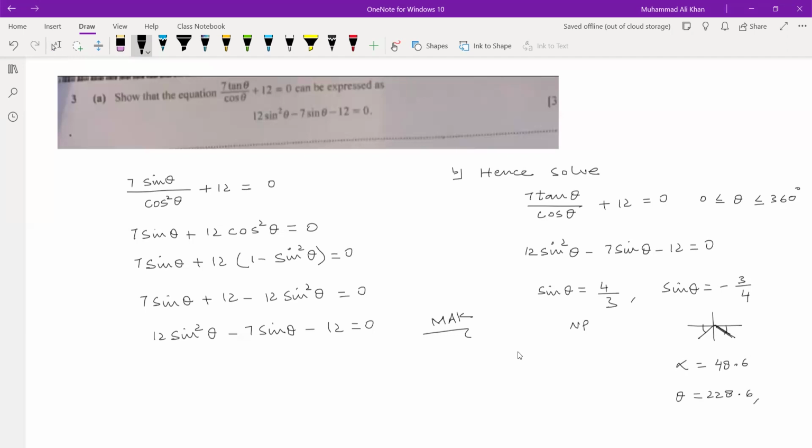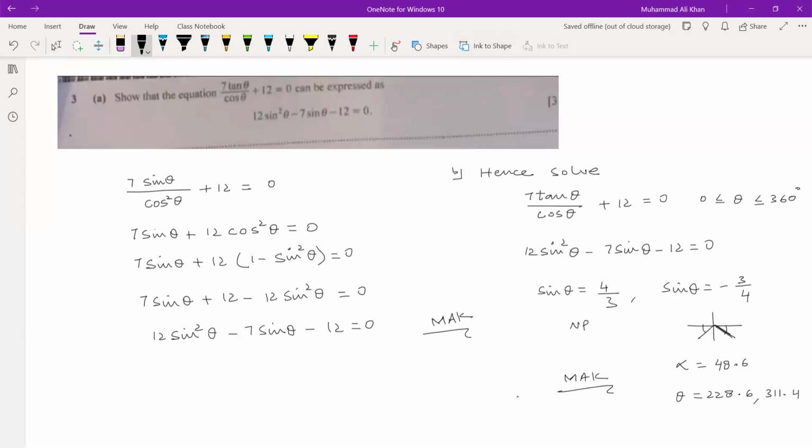And the second angle is 360 minus 48.6, so it is 311.4. These are the results for the second part. Hopefully it is clear. It's not a difficult question.